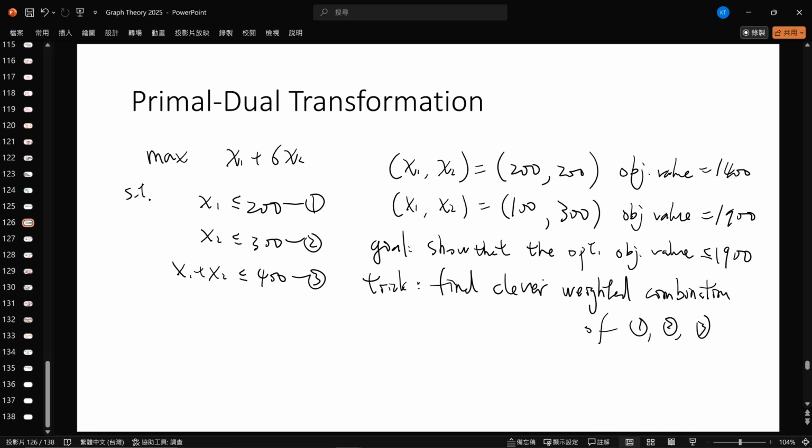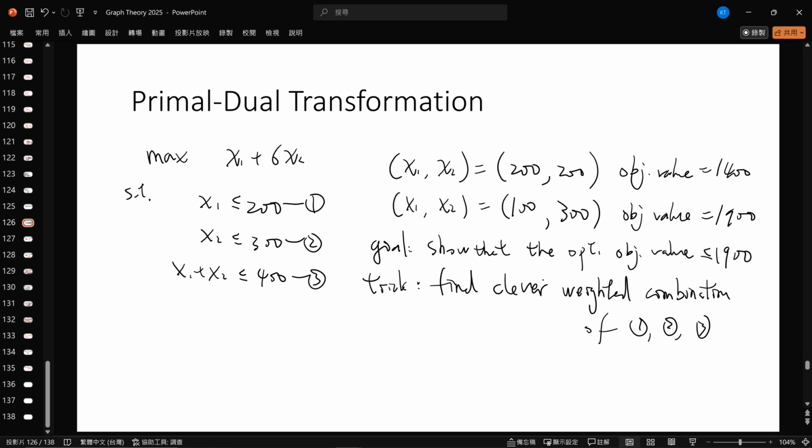So let's first review the primal-to-dual transformation that we discussed last week. In this kind of problem transformation, we discuss linear programs. In a linear program, we have some objective function, some function that you want to maximize or minimize, and you have some variables and some constraints.